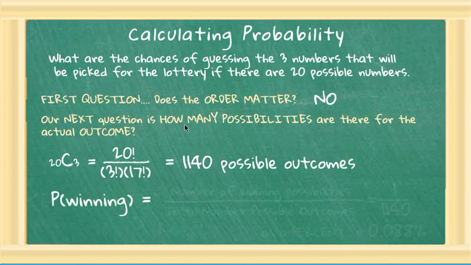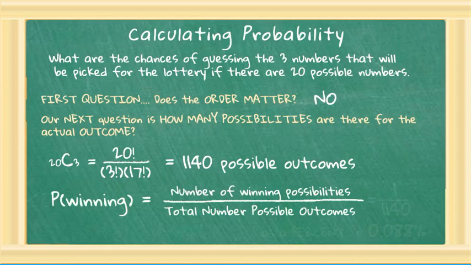Okay, so then to calculate, here's our formula. The probability of winning is going to be the number of winning possibilities divided by the total number of possible outcomes that could have happened. And now, number of winning possibilities, well, there's exactly one.